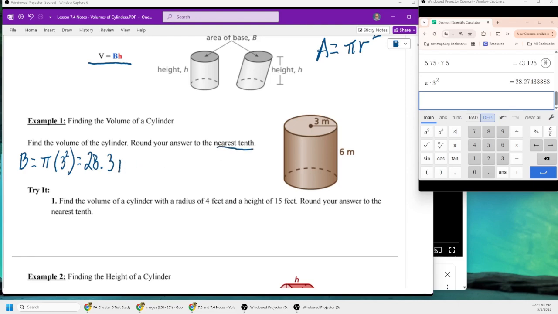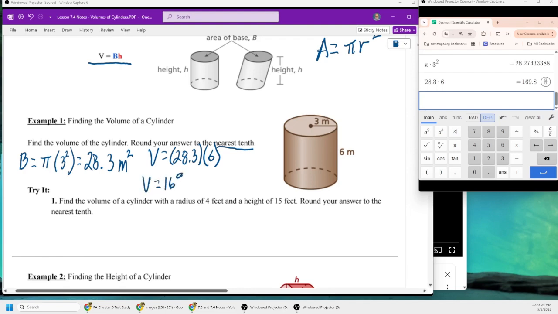That's 28.3 meters squared. So then the volume is the area of the base times the height of the cylinder, which is 6. So I'm going to take 28.3 times 6, which is 169.8 cubic meters. Okay?